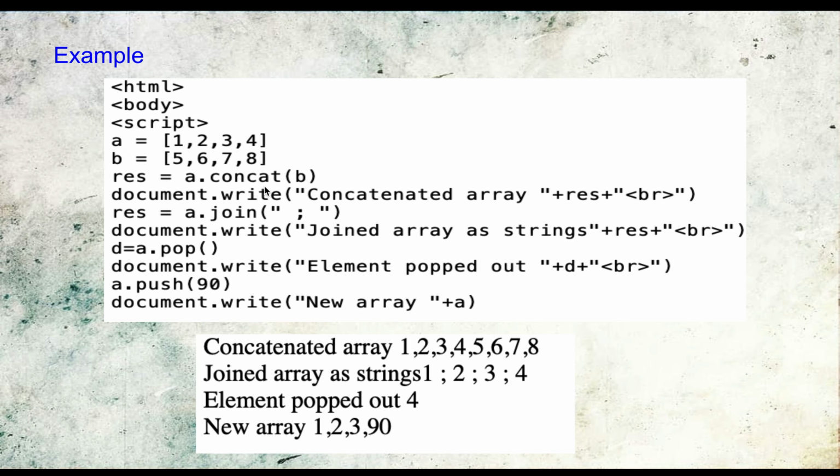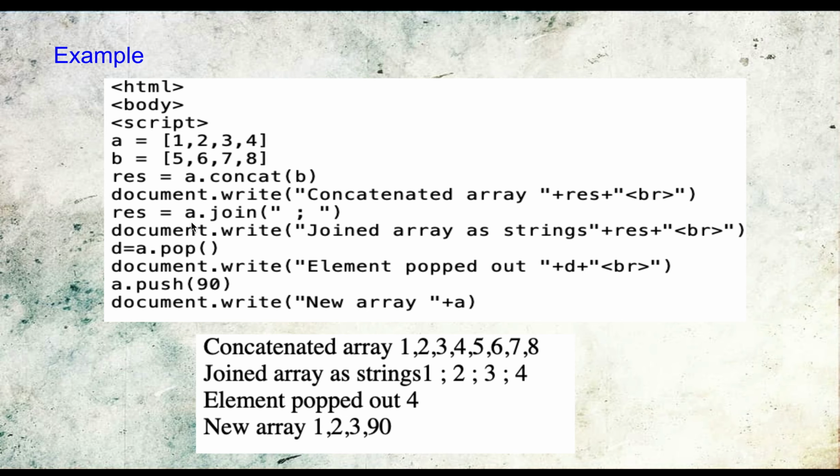So elements of B will be concatenated with A and assigned to result. You can also use this directly here, that is instead of giving res, you can give A dot concat of B, which will also derive the same result. As you can see in the output, the concatenated array has all the 8 elements of both A and B.